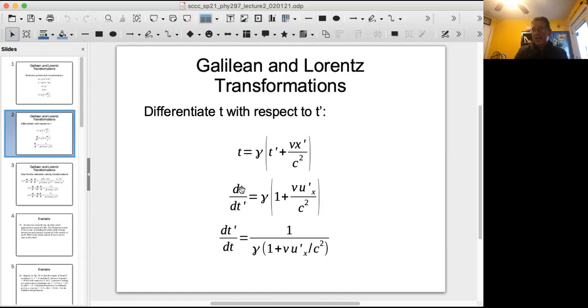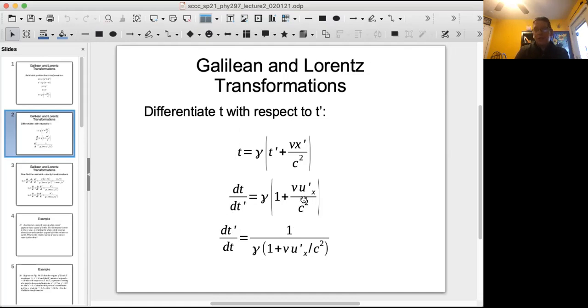So you have dt with respect to dt prime. Basically t is the time that it takes the third object to move from point A to point B relative to observer O. And t prime is the time it takes the third object to move relative to observer O prime.